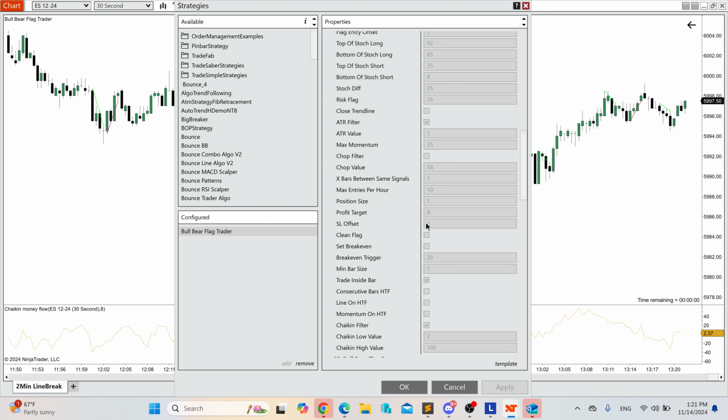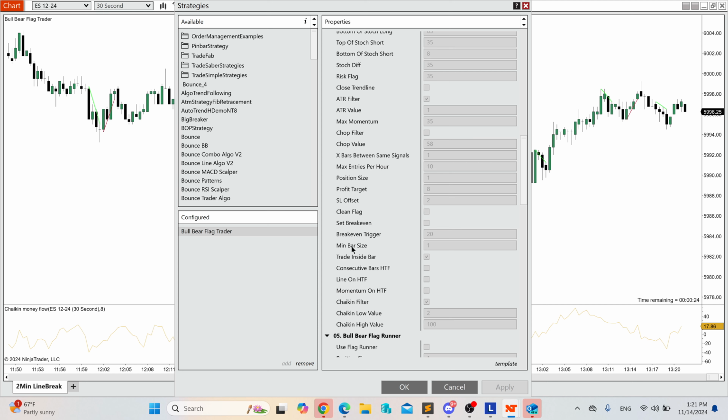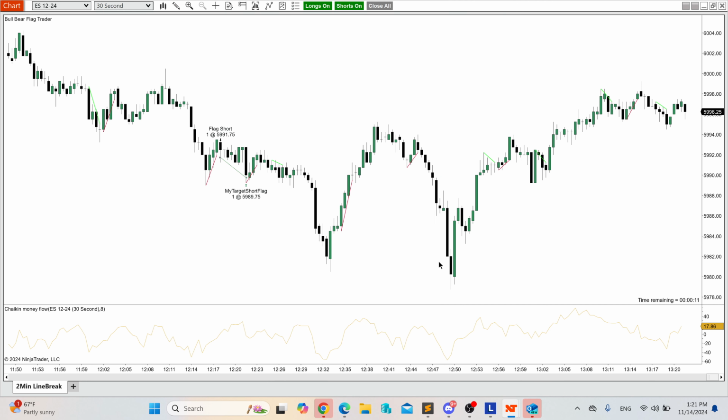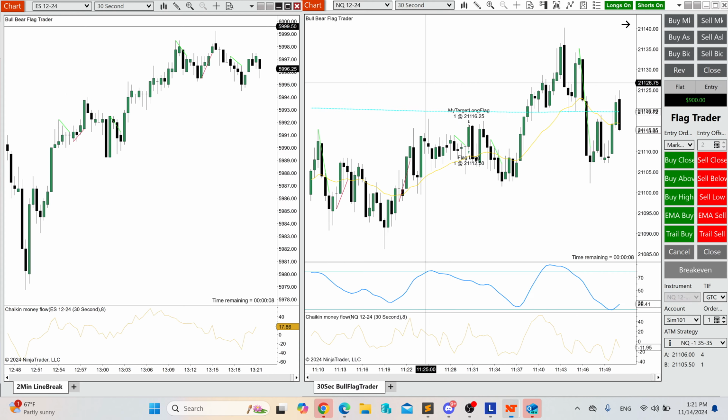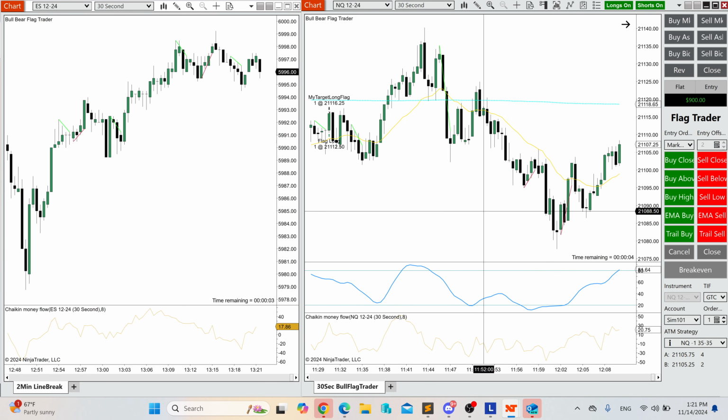So you probably want to set 1 here. And minimum bar size is from high to low. I've tested it today, Thursday. It works well as expected on both ES and NQ. So that's pretty good. Thanks for watching.